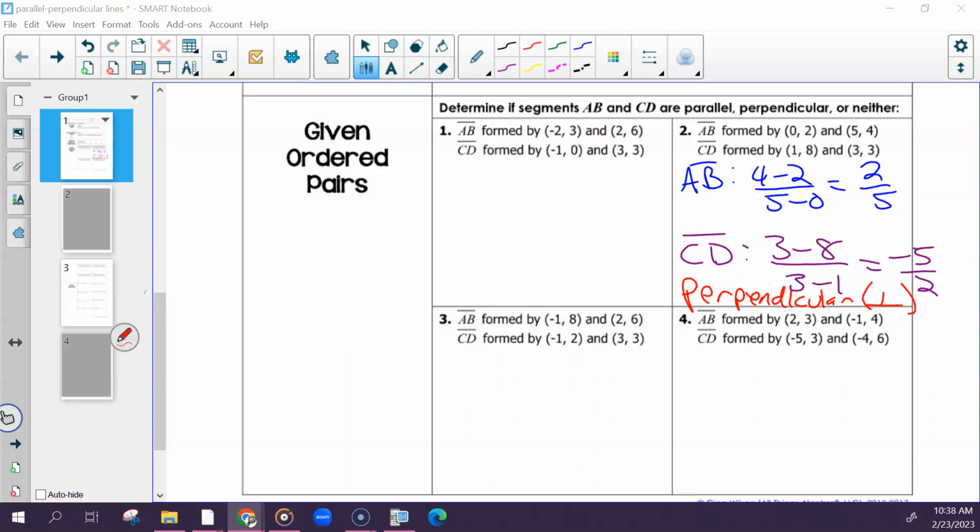Is there a specific sign for parallel? Yeah, it was this.